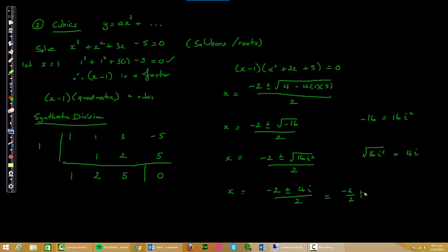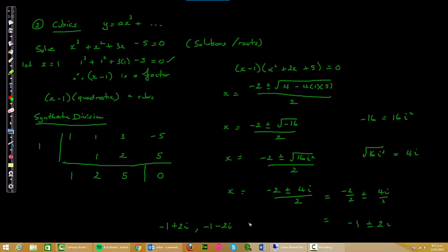And let's just put the plus or minus. That's a bit messy. Let's tidy that up. 4i over 2. Now that simplifies to negative 1, and that simplifies to plus and minus 2i. So there's our two different solutions, and if we really wanted to, we could write it as negative 1 plus 2i and negative 1 minus 2i.